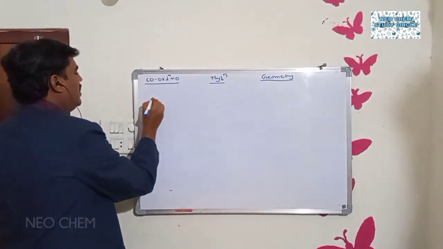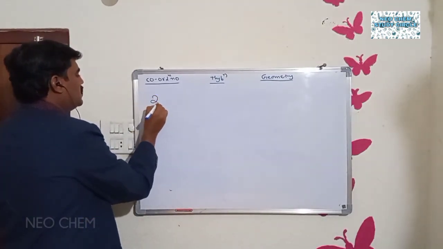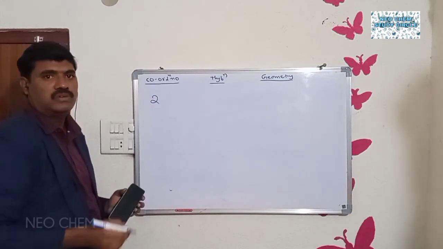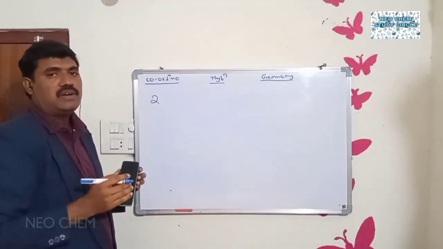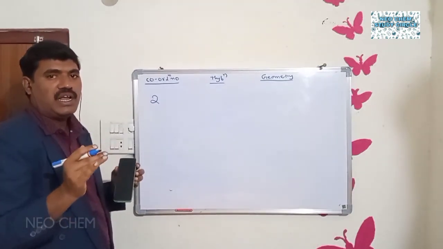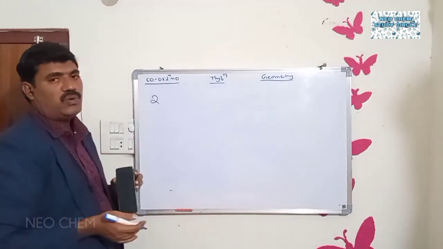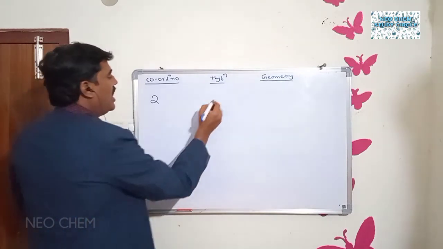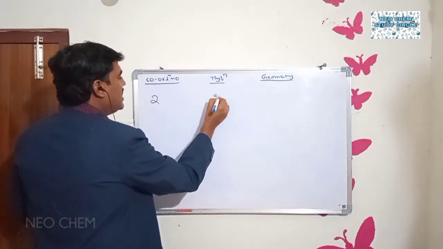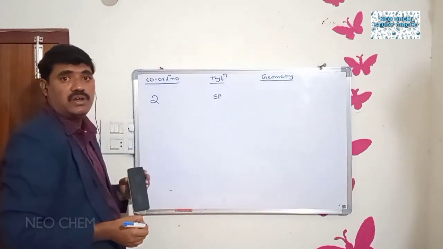Suppose the coordination number is 2 for any complex compound, then we have to select the hybridization containing 2 orbitals. The hybridization containing 2 orbitals is sp.